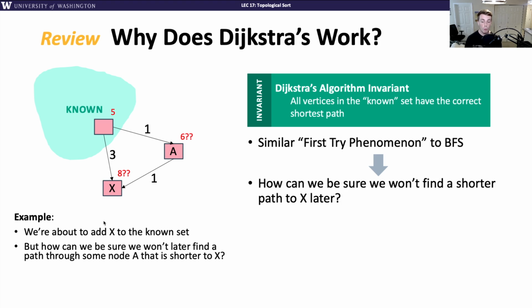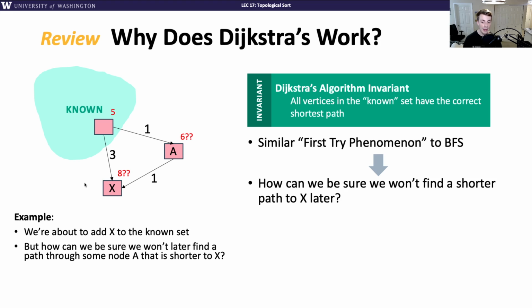Now, the worry of having a shorter path that we have yet to explore is solved by the fact that we always add these nodes in the perimeter to our known set based on distance. So we always add the closest node.